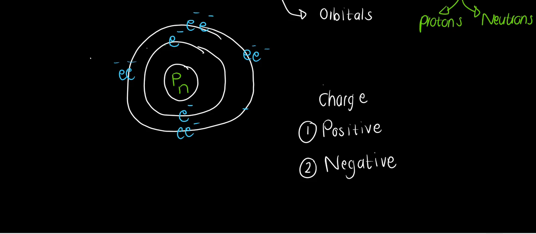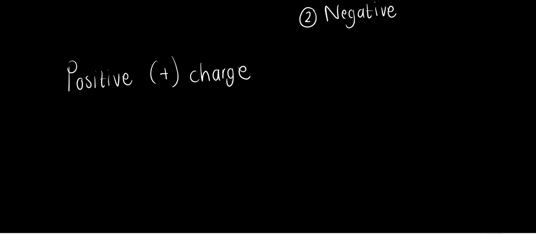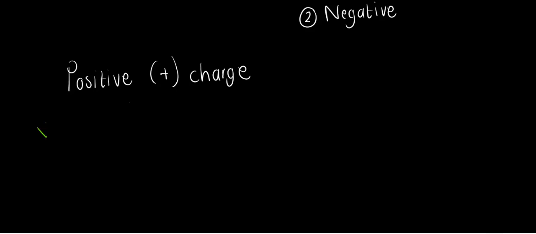Okay, so now that you know that the protons and neutrons are in jail, they can't go out, but now I suddenly have a positive charge. So how is that possible? How do I get a positive charge, guys? A positive charge is because of the loss of electrons. That's so important.